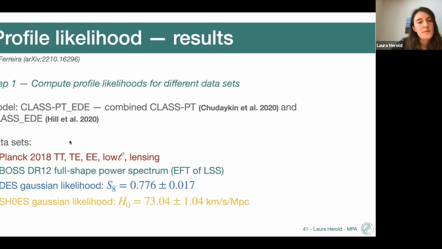To model the galaxy power spectrum, we use this code called CLASS-PT EDE, which is a combined CLASS-PT and CLASS-EDE version. We use the following data sets. We use Planck 2018 with lensing, the BOSS DR12 full shape analysis based on the effective field theory of large-scale structure. Then we include the Dark Energy Survey results as a Gaussian likelihood on S8, and we include the SH0ES result as a Gaussian likelihood on H0.